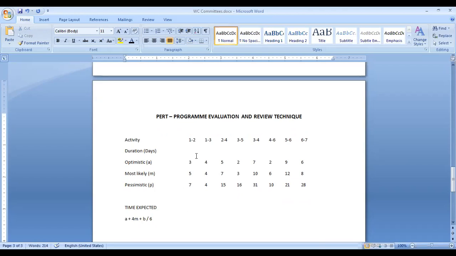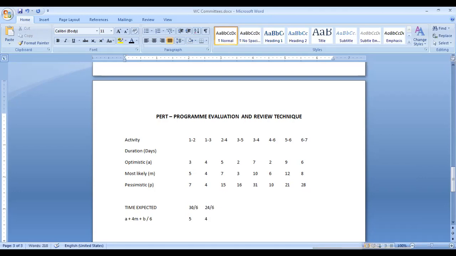Which means for the first activity, 3 plus 4 into 5 is 20 plus 7. 3 plus 20 is 23 plus 7, 30. 30 by 6 is 5. Similarly, you can try for the next one. 4 plus 4 into 4, 16 plus 4, 20 plus 4, 24 by 6 is 4.